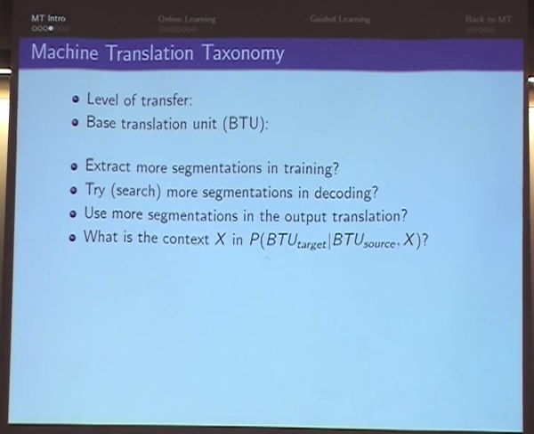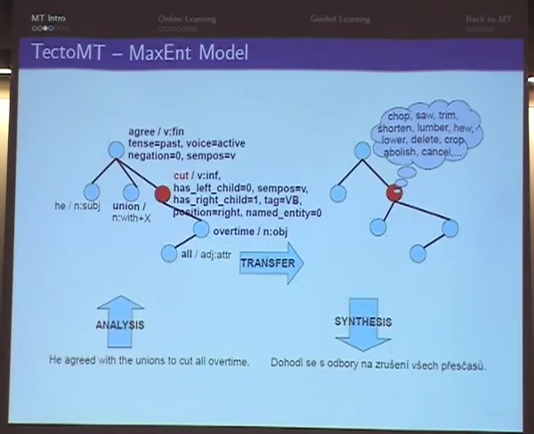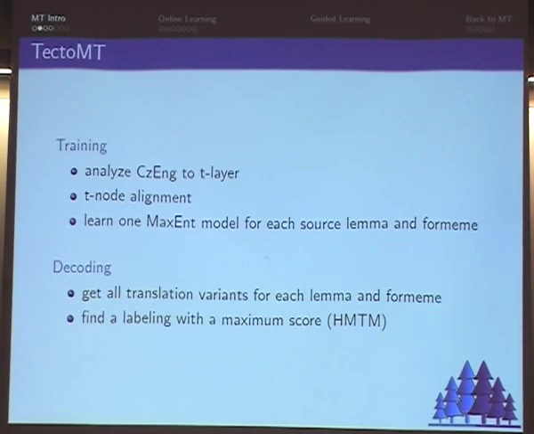So actually, the maximum entropy model suggests, as a translation model, translation of lemmas and phonemes, and then we do a variant of hidden Markov model, Viterbi algorithm, but not on sequences, but on trees, and we find the global optimum.